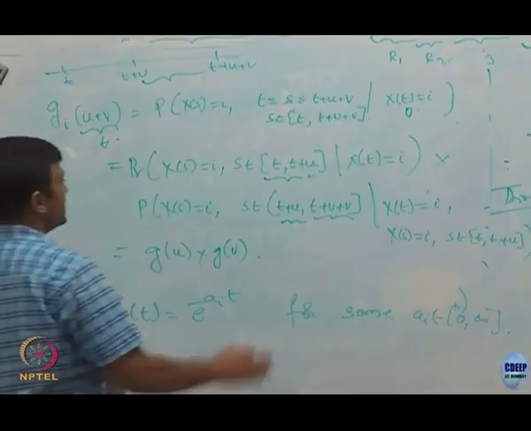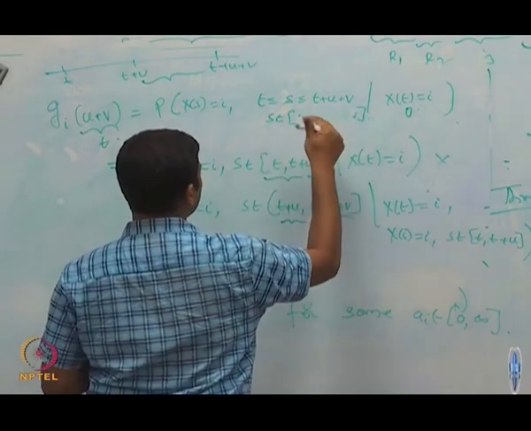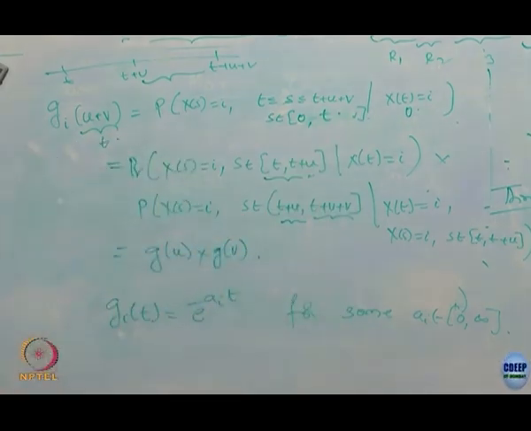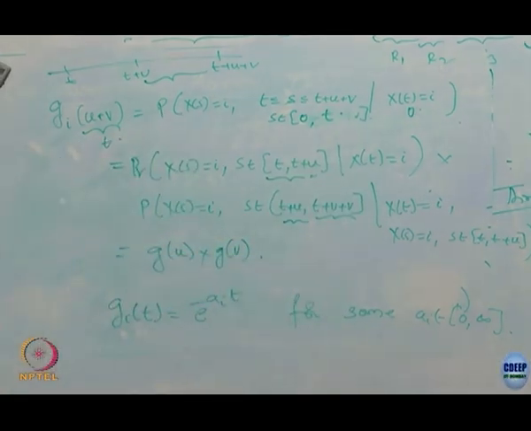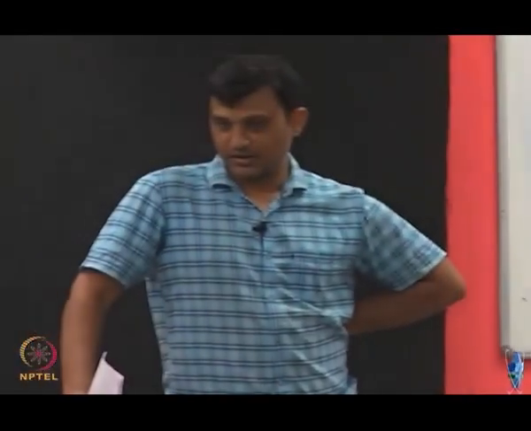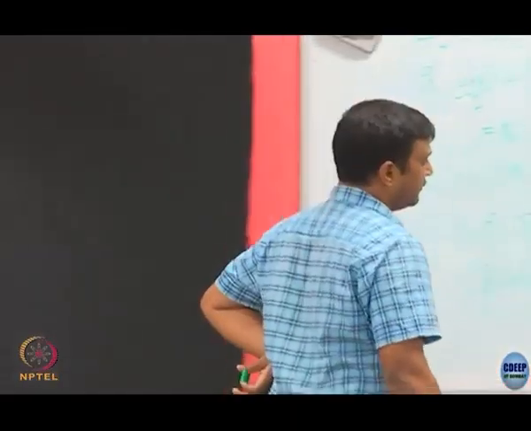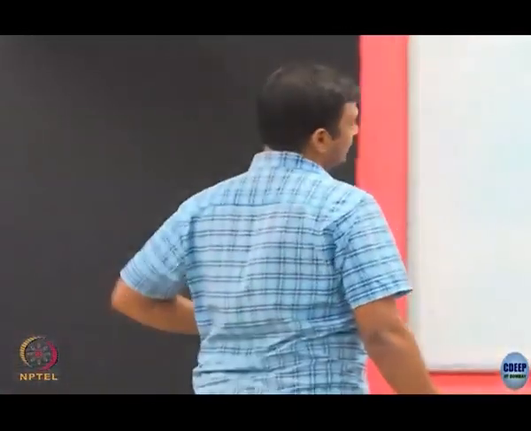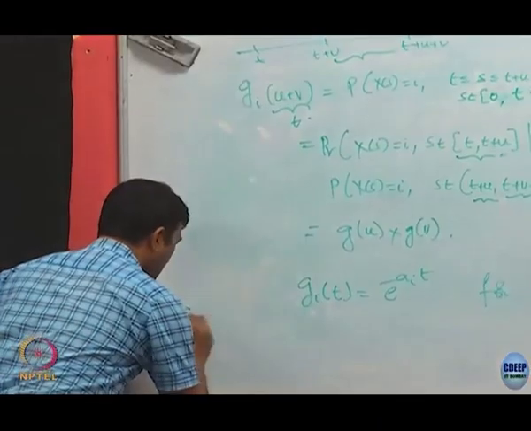Then I will just be looking at 0 to t in this interval, and this is going to be this. So the amount of time I have spent is going to have this distribution. Is it not exactly the thing I am asking for? Okay, fine. So this is the step.